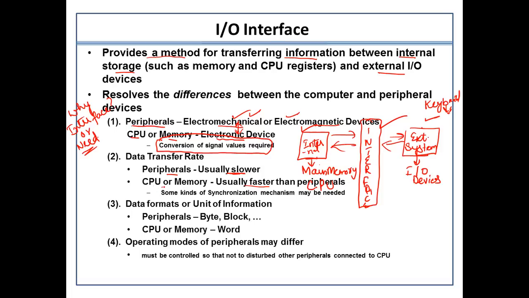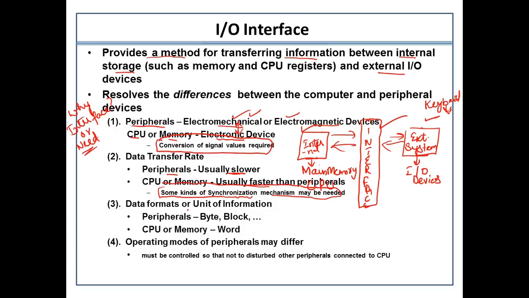So in order to synchronize, we need the interfaces. The interface helps in collecting the amount of data required so that it can be accessed and processed in a proper way.